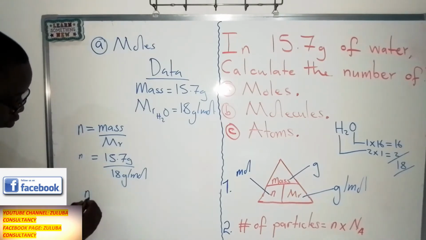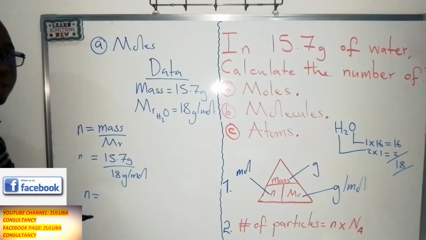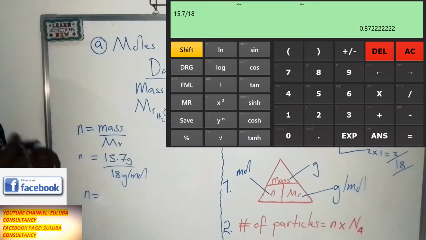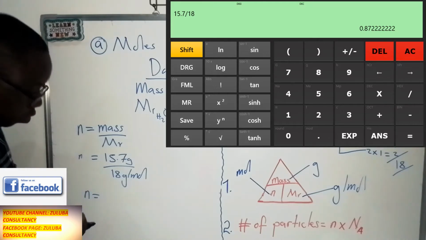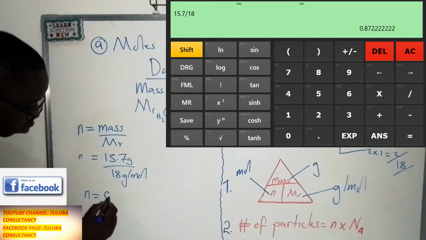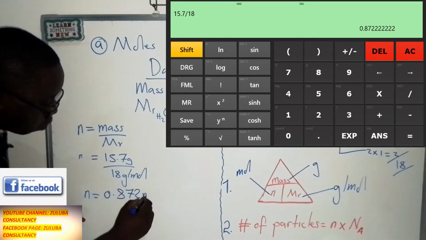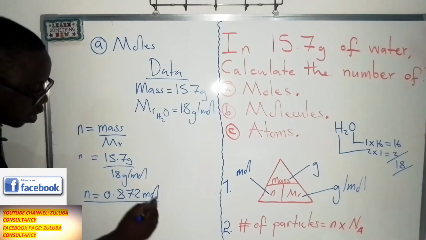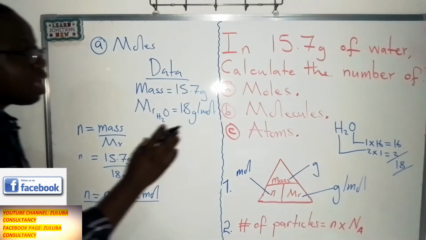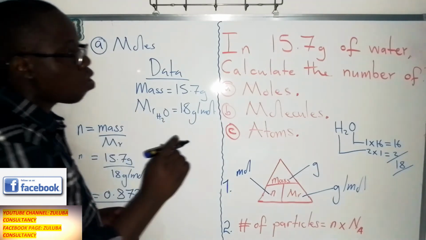So the number of moles will be 15.7 divided by 18. So when you calculate on your calculator 15.7 divided by 18, it should give you 0.872 moles. So this becomes the number of moles that is present in 15.7 grams of water.